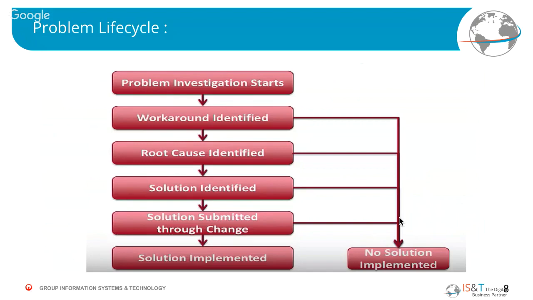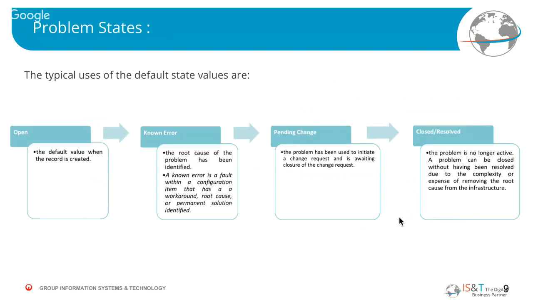Okay, so now let's move to the problem states just after the problem lifecycle. For the problem, we have 4 problem states: the open state, the known error, the pending change, and the closed resolved. Let's start with the open state. The open state is the default state value when the record is created.